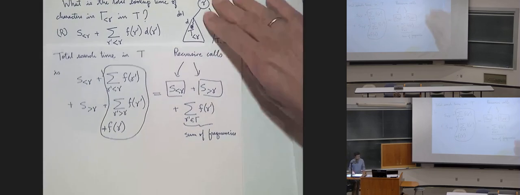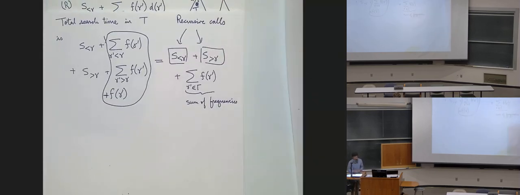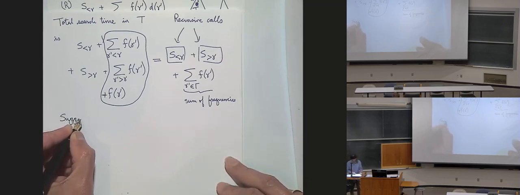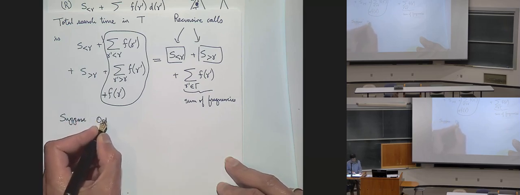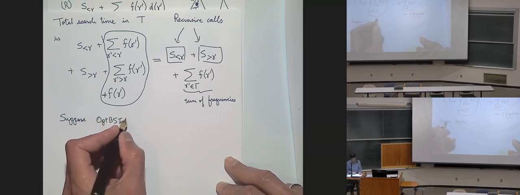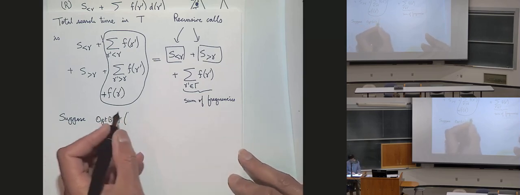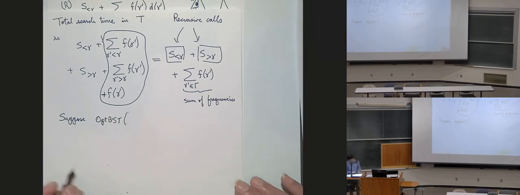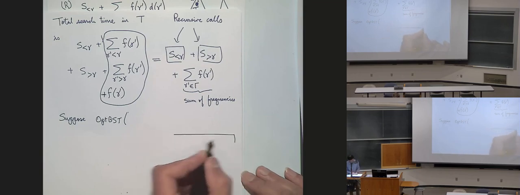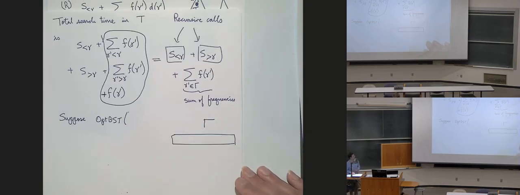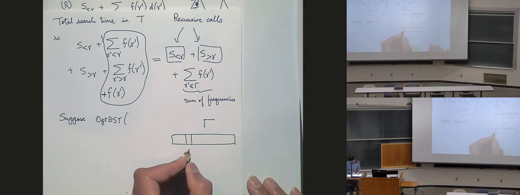So, does this sort of make sense? So now let me write it out a little bit more formally. So suppose opt BST, okay, now I'll write this out in this way just to simplify things. So here's your universe gamma. Okay? I take any two characters in this.